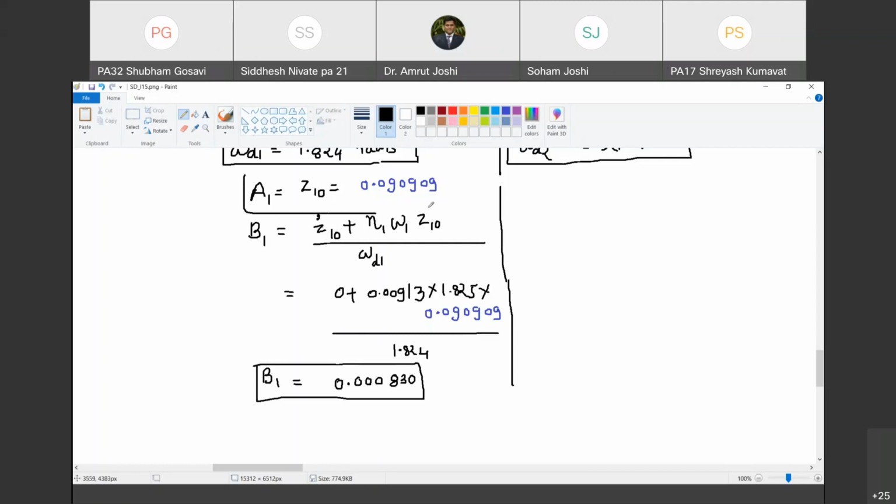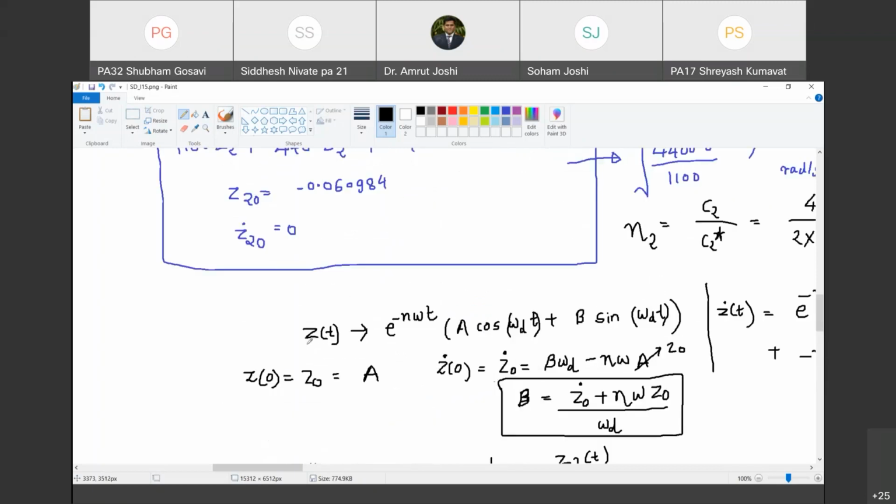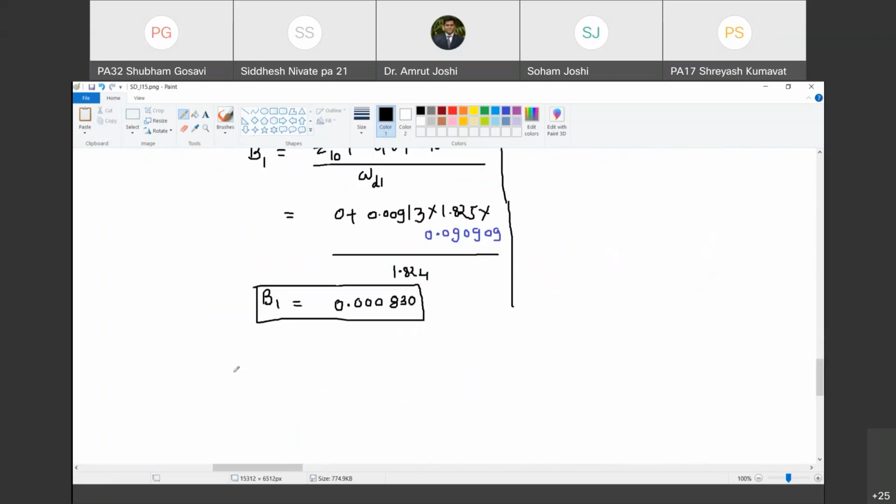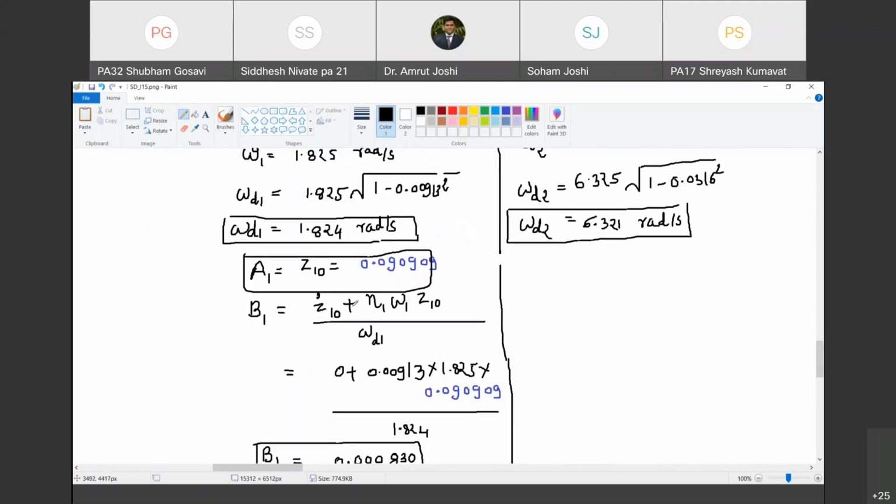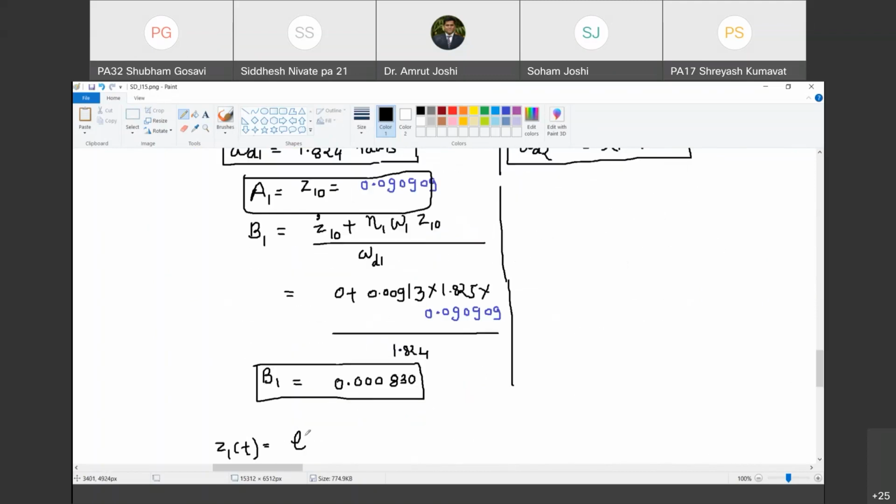So can we now write down the solution? Yes. Nothing is going to stop you from writing the solution now. What is the solution? Z1 of t is equal to e raised to minus eta omega t. So what is eta, minus eta omega?